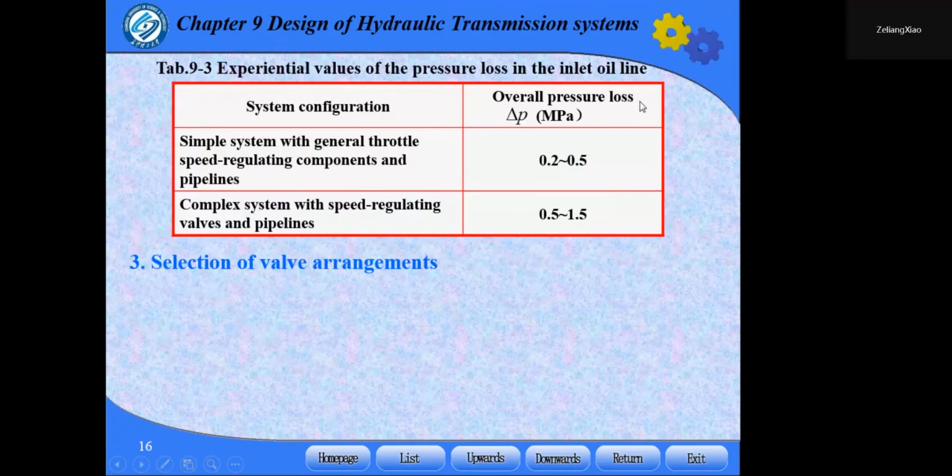The overall pressure loss is between 0.2 and 0.5. For a complex system with speed regulation valves and pipeline, the overall pressure loss is between 0.5 and 1.5.